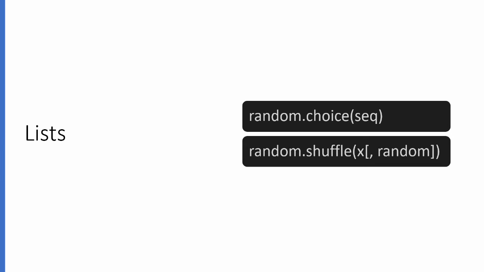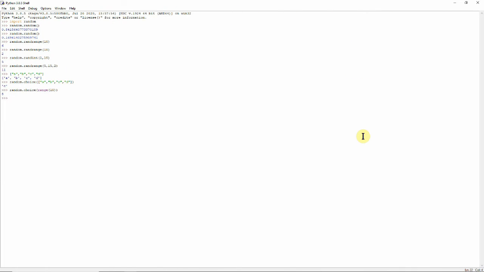You can also do random.shuffle. So if you have a list or some sort of sequence and you want to shuffle it, then you can do that. And x is just a random number, but that's not really necessary because they generate one for you. So if we then take that list and we shuffle it, what it's done is it's shuffled the list itself. So it's not really clear to see.